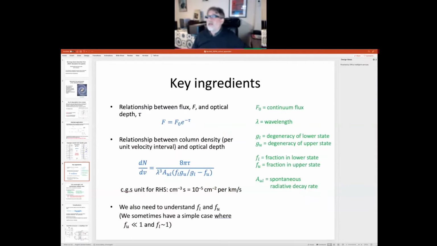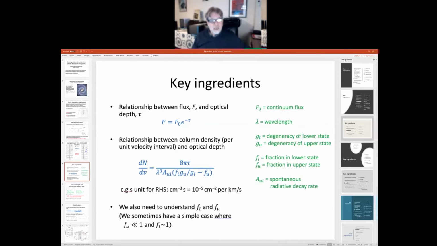Well, there are a few key ingredients. The first of these is the relationship between flux and optical depth. Because these are bright continuum sources, we can neglect spontaneous radiative decay and just consider absorption and stimulated emission of the radiation field of the background source. So that simply gives us a flux that is equal to the continuum flux, which we'll call F0, times e to the minus tau, where tau is the optical depth.